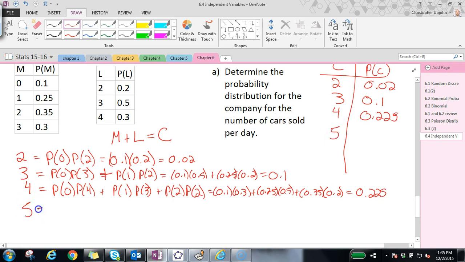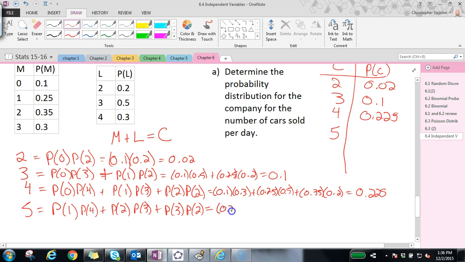To get 5, you could have gotten 1 from Mario and 4 from Luigi, 2 from Mario and 3 from Luigi, or somehow Mario has a really good day, sells 3, and Luigi has 2. So there are 3 different options there as well. So we find the probabilities of each set individually, then add the 3 numbers up.